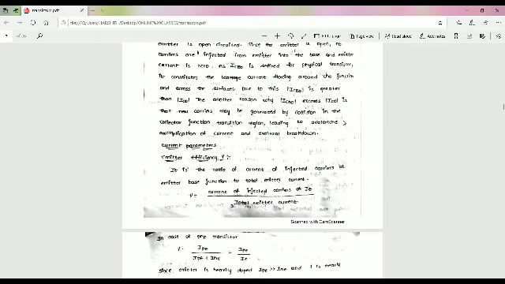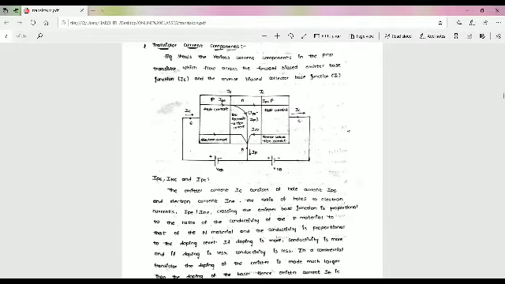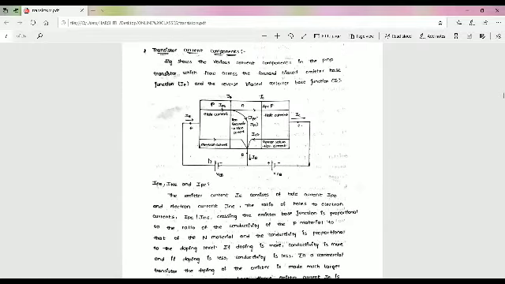Emitter efficiency is gamma. It is the ratio of current of injected carriers at the base emitter junction JE to the total emitter current. In this, forward biasing is given, so injected carriers are produced at the emitter.